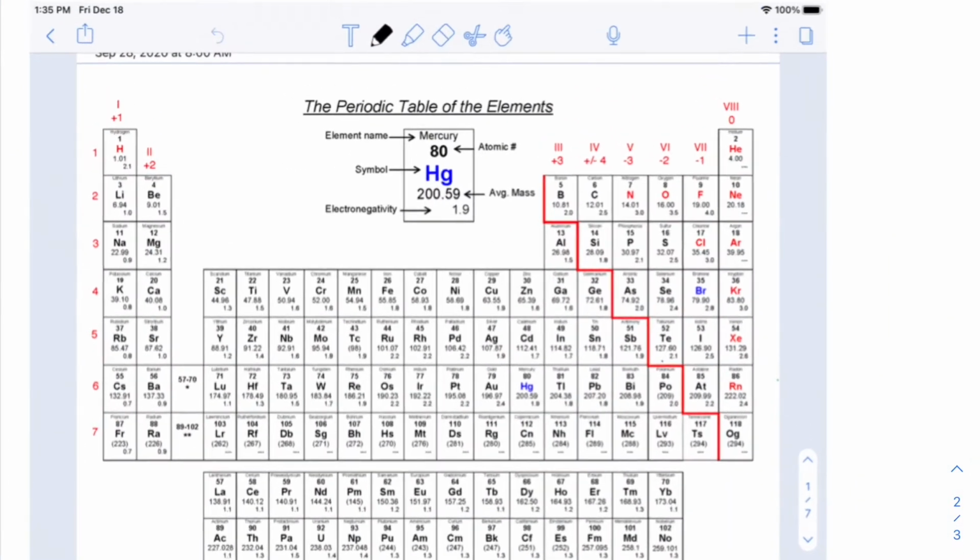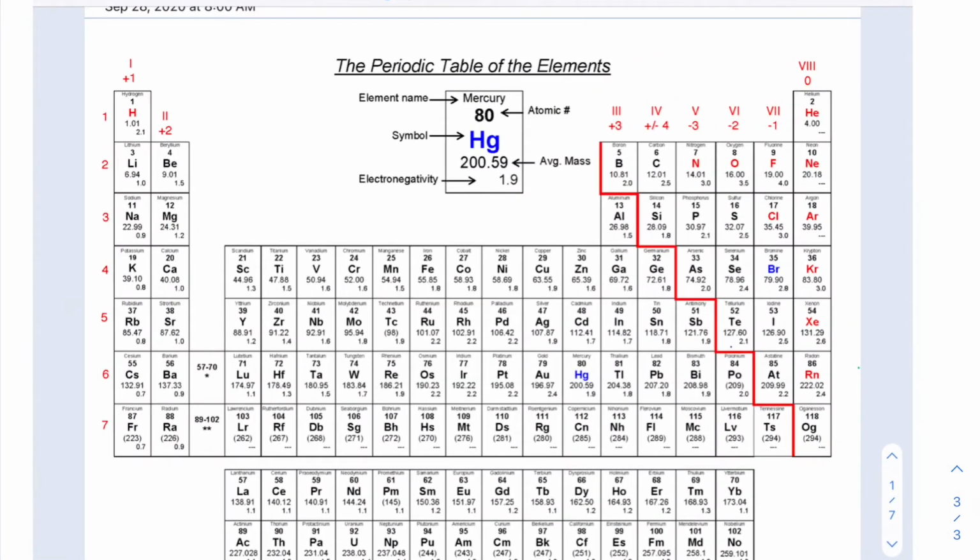And we can use these patterns on the periodic table to help us in this unit as well. So remember, the number of the column that each atom is in is going to represent the number of valence electrons it has. In other words, these Roman numerals correspond with the number of valence electrons that each one of these atoms has.